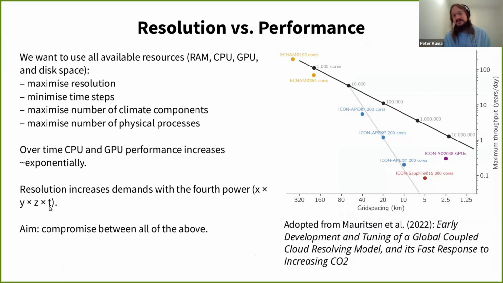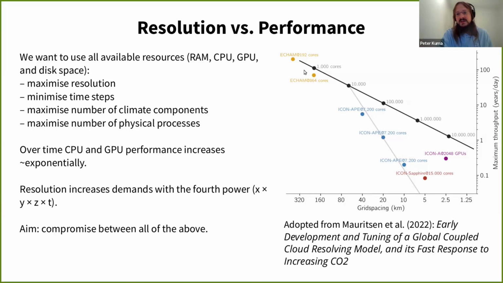And so it's like, let's say we halve the mesh size, and then we increase the performance demand by 2 to the power of 4, because we have 4 dimensions which all have to be halved at the same time to preserve computational stability.